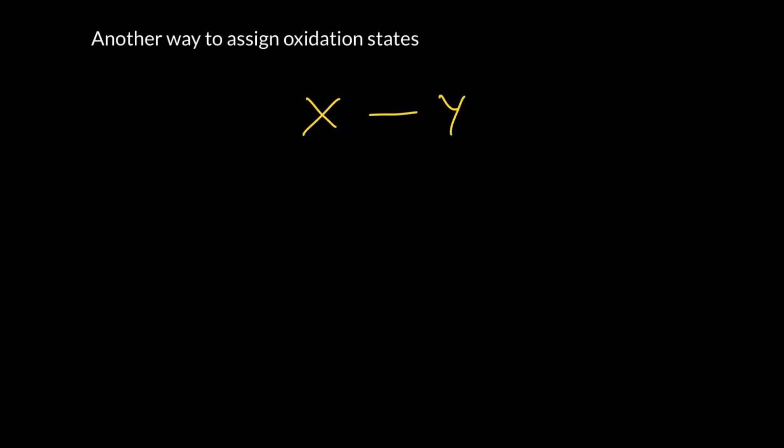So for instance, if you have a Lewis structure, and in a Lewis structure, you've got two atoms bonded together with a single bond. Okay, should put those lone pairs in. We can assign oxidation states by taking the electrons in the bond and assigning them to the more electronegative atom.